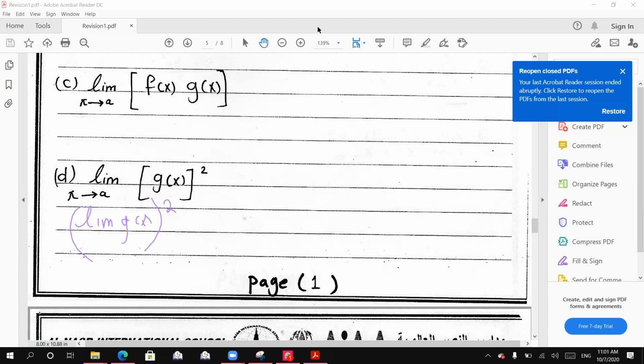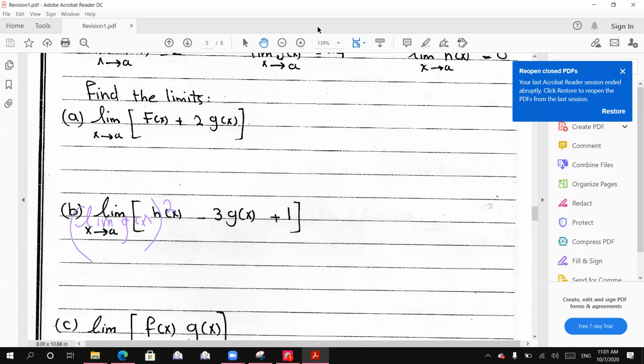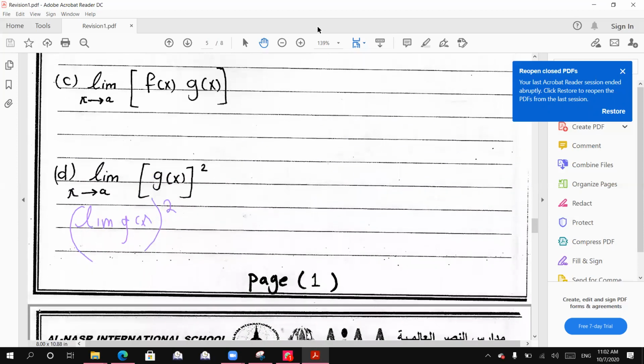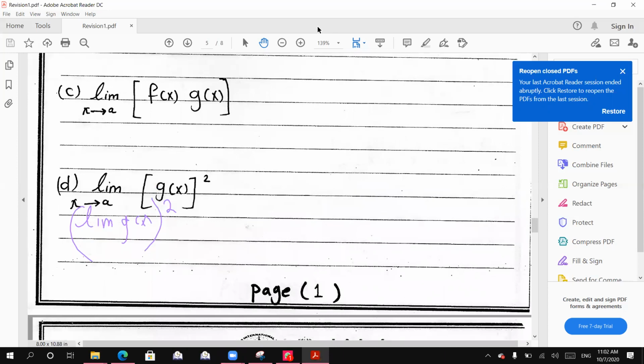So, what is the value of limit g of x? -4. Thank you. It's -4. So, I will say now -4 squared, which equals 16. This is now the value of the function.